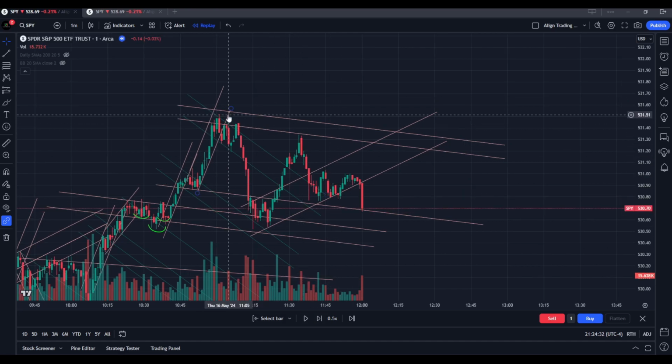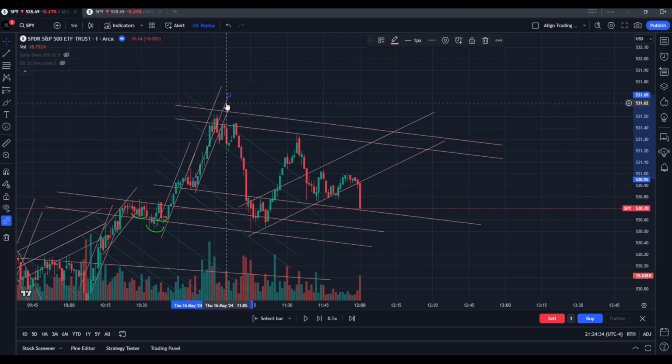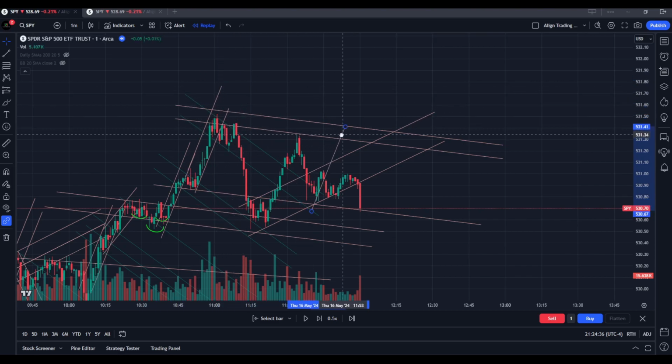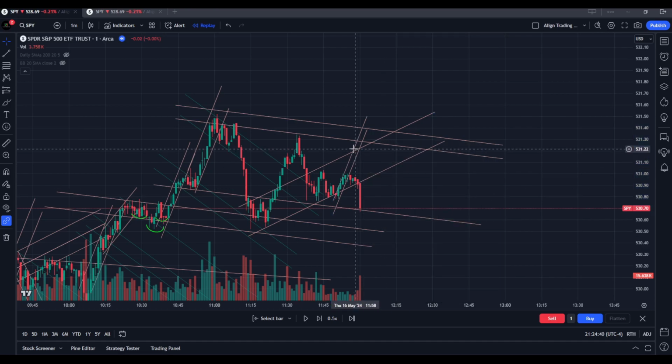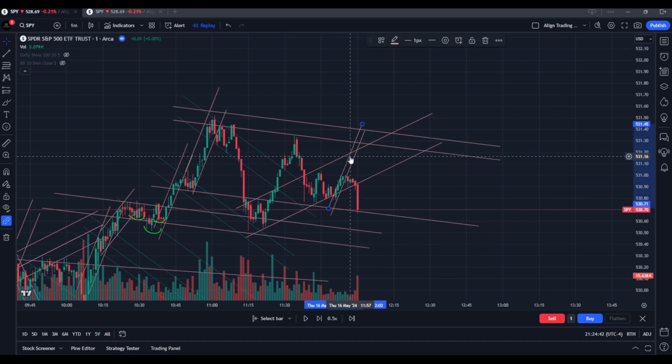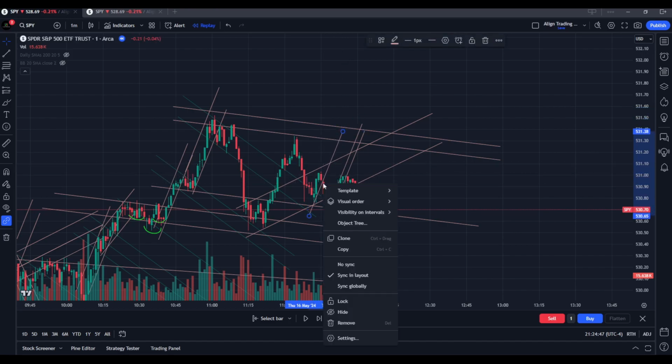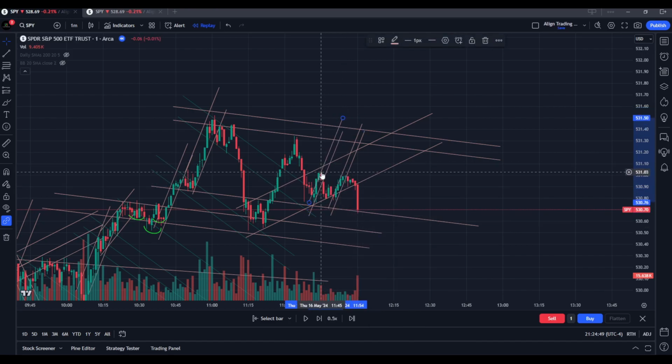Okay, so what we saw right there is we have this same buying algorithm working. You see it right here, and then you are going to see it previously here as well, controlling the buying and then breaking us down.